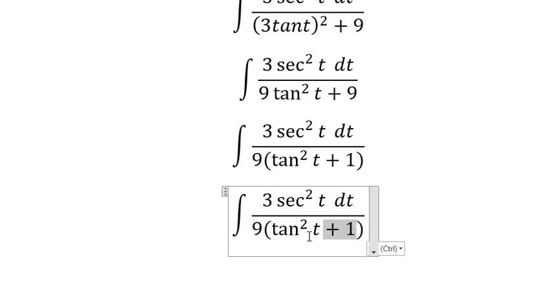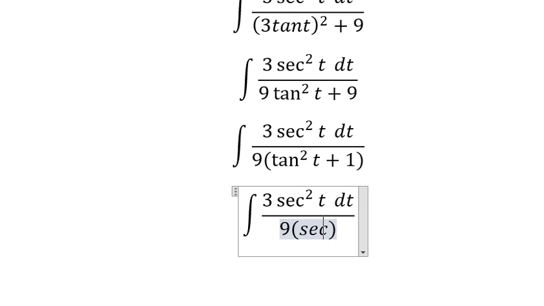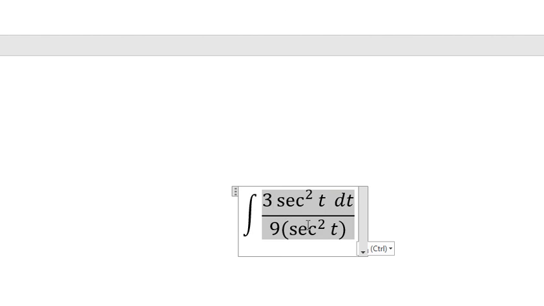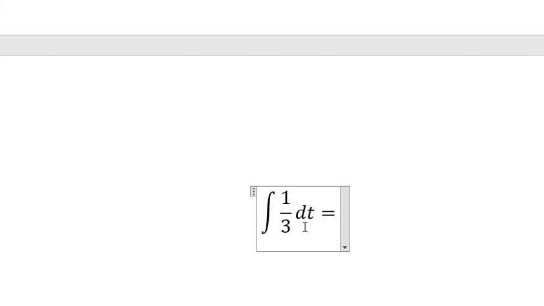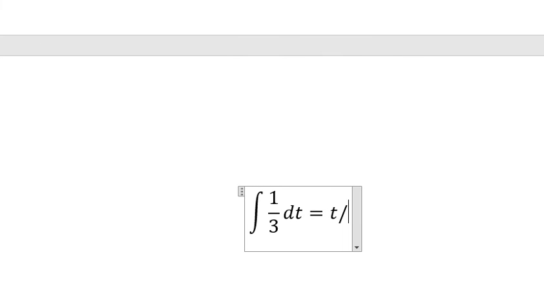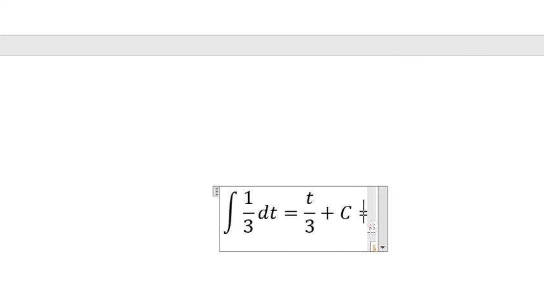This one you get secant of t squared. Now we can simplify and you get 1 over 3 dt. The integration of this one you get t over 3, and we put c.